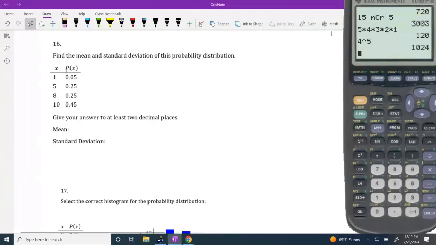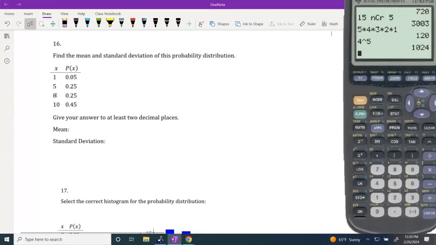The second column is the probability for that random variable. I think we've seen a donut example. The conditions for a probability distribution are that you must have a random variable, you must have the probability for that random variable, and all of your probabilities must add up to 1.